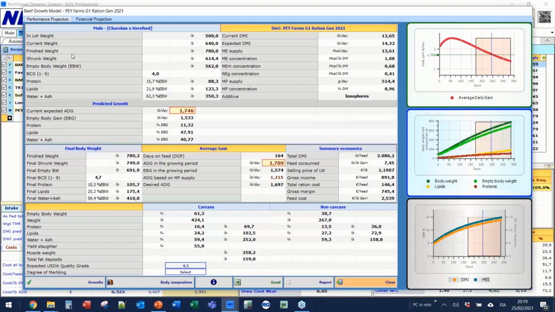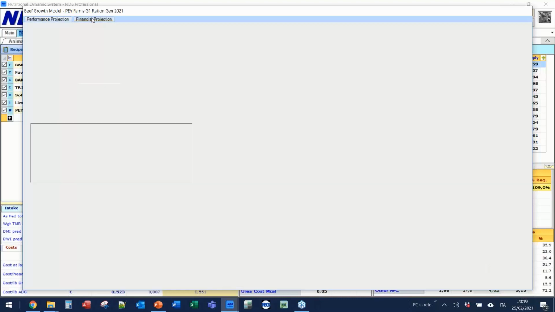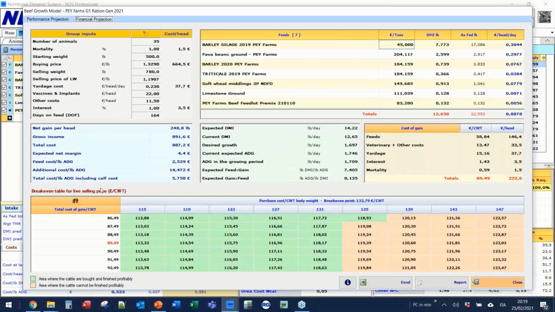But we also added an additional feature that we call financial projections. And here we can have a summary of the financial aspect that we can predict based on the beef growth model.